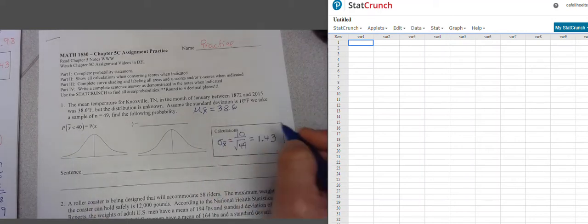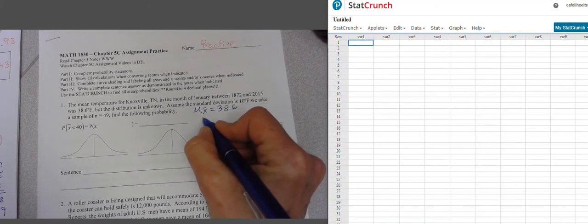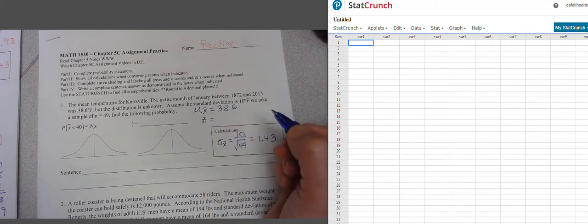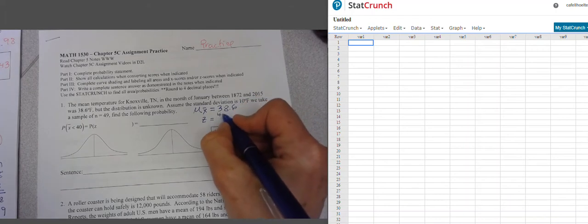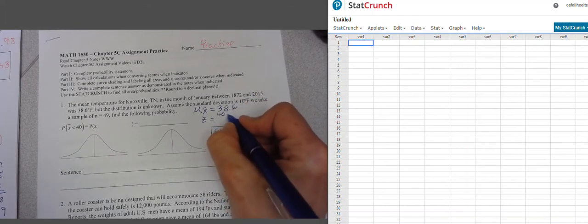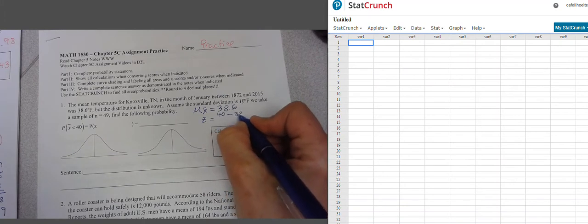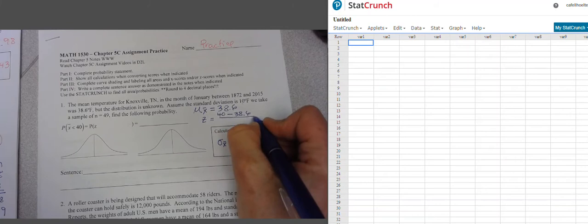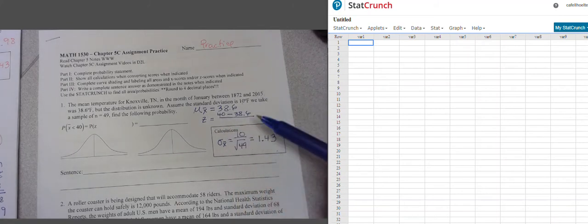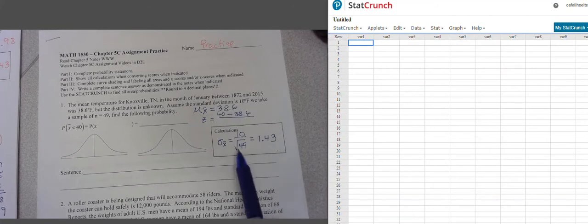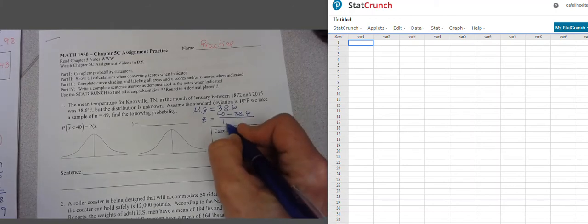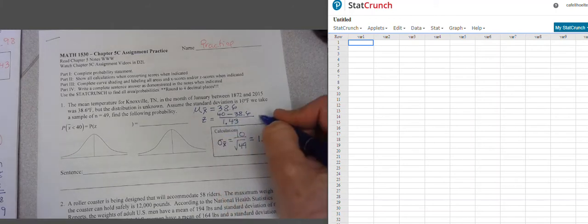The z-score for 40 degrees is just taking that value, minus the mean, 38.6, divided by the standard deviation. Now this is not the population standard deviation that was given, that was 10, but it's this adjusted standard deviation. We use the central limit theorem to figure out what the standard deviation is going to be of our sample means. So we're going to use the 1.43 here to get the z-score that we need. Doing that math, we get 0.98.